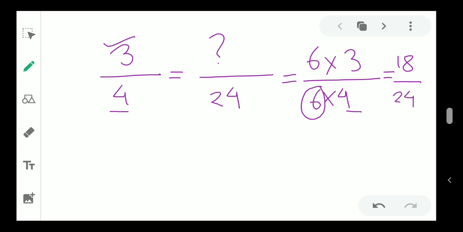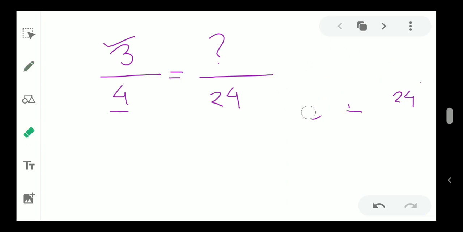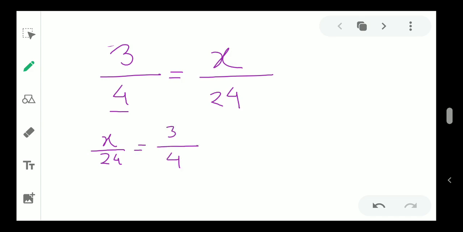But if we don't use this method, we can do it using the algebraic method. We can think of this one as x, and we can write this equation as x by 24 is equal to 3 by 4, right?